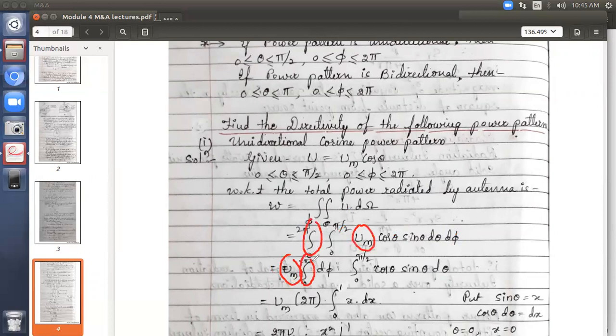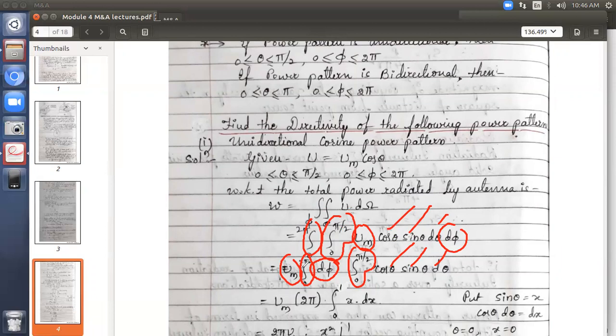D phi I have associated with the first integration. Then I will write the second integration, 0 to pi by 2. What all are remaining? Cos theta, sin theta, d theta. So I will write cos theta, sin theta, d theta. So all the theta variables are clubbed together and kept under the second integration.